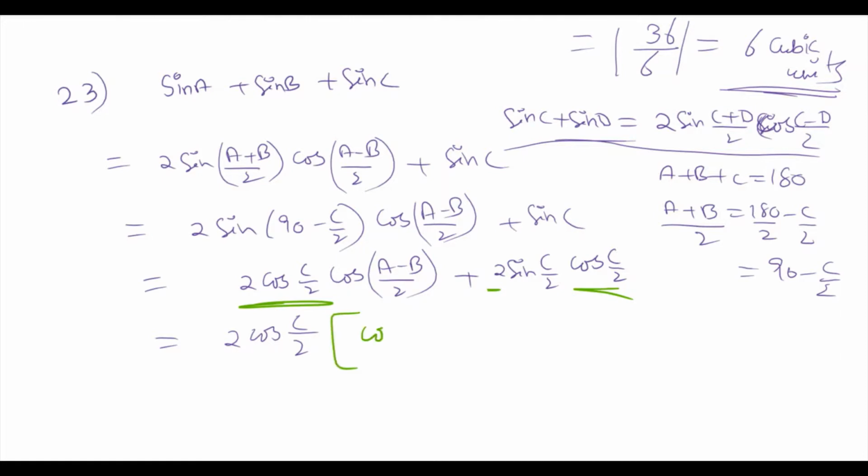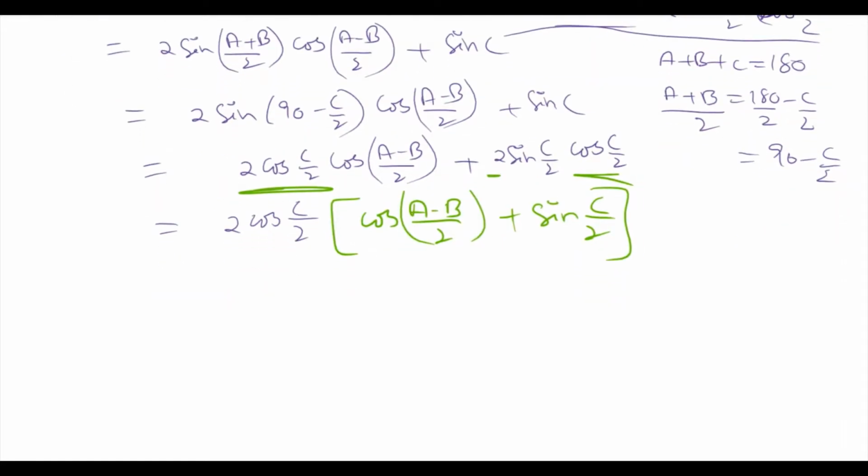I have cos of (A minus B)/2 plus sin C/2. Now convert the sin C/2 in terms of cos. I can write that C/2 equals 180 minus (A plus B)/2, so this is 90 minus (A plus B)/2.